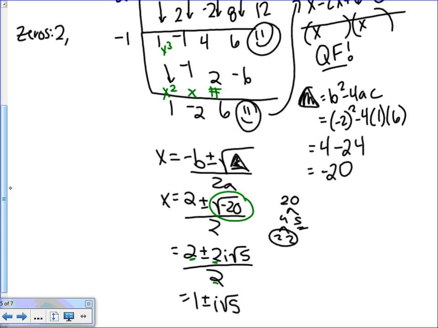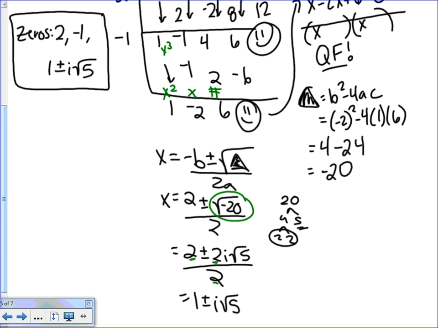I'd add my negative 1 to my zero list that worked in synthetic, and then I can write my other 2 zeros as 1 plus or minus i square root of 5. If you want to write them out separately so you see 4 zeros, you can do that, but you don't have to. Any questions there?